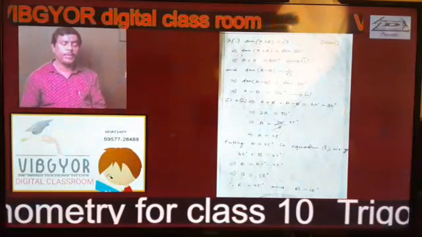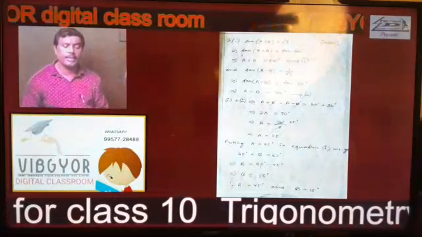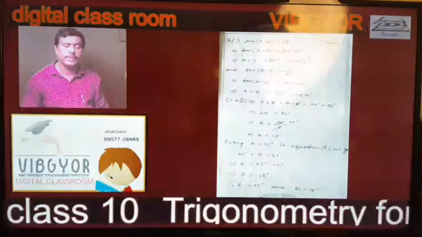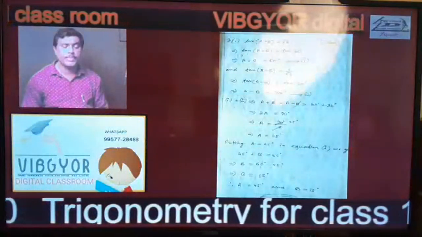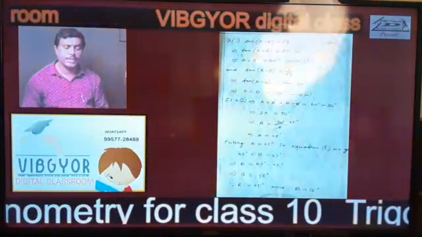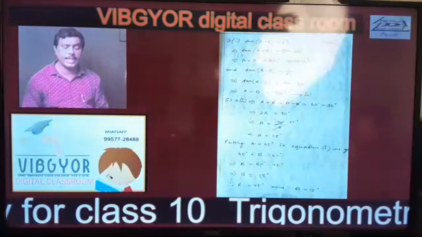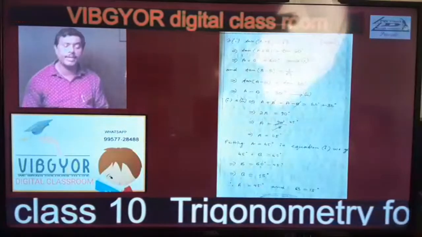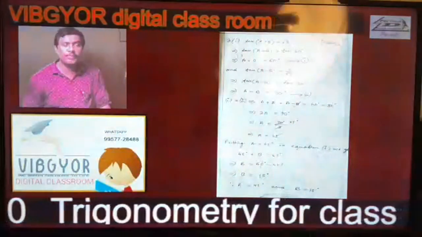First of all we will write here tan of a plus b is equal to root 3, and all of you know that the value of tan 60 degree is root 3. So we replace root 3 and write tan 60 degree. So on the left hand side we have tan of a plus b, and on the right hand side we have tan 60 degree. So we can remove tan.